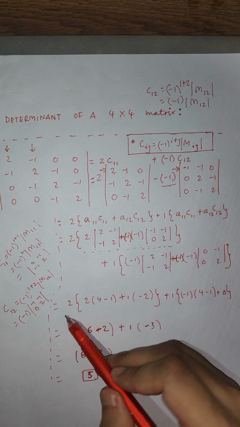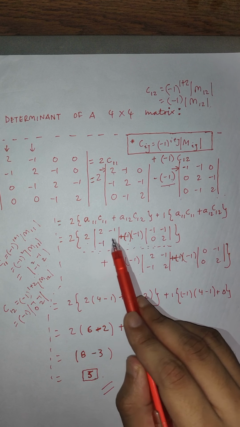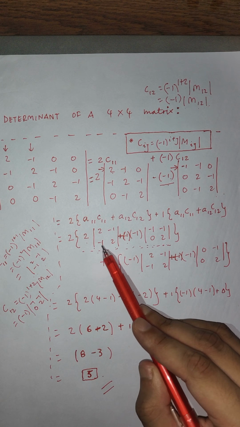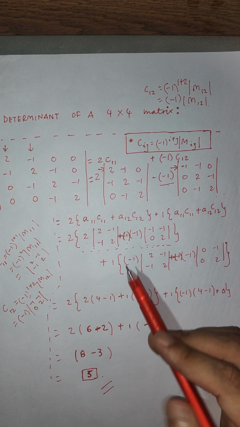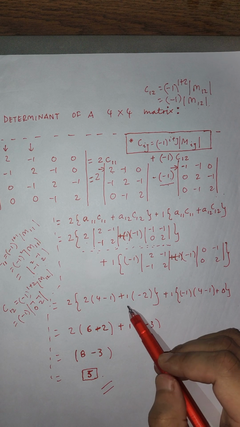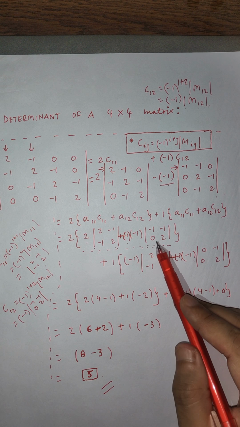So we have 2 and then 2 times the determinant of this 2 by 2 matrix. So 2 times 2 is 4, minus negative 1 times negative 1, which is 1. Plus minus 1 times minus 1 is 1.